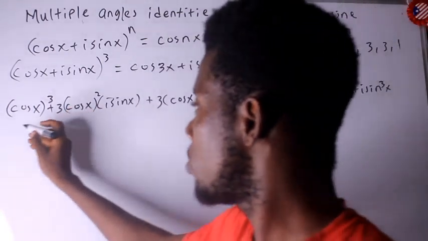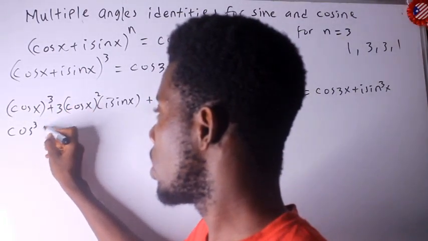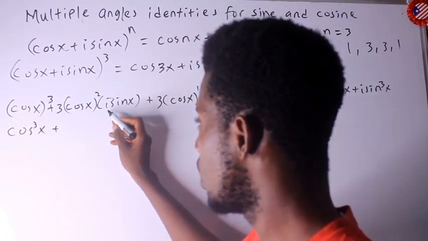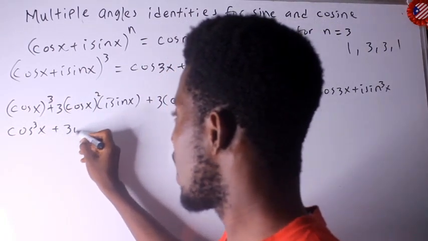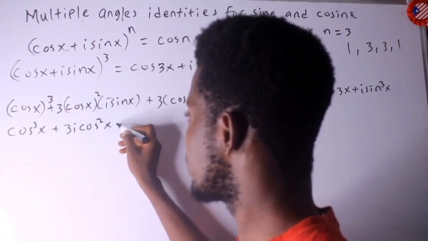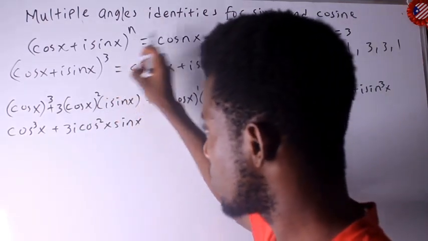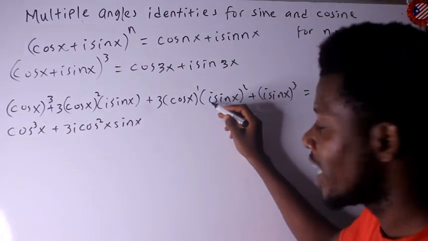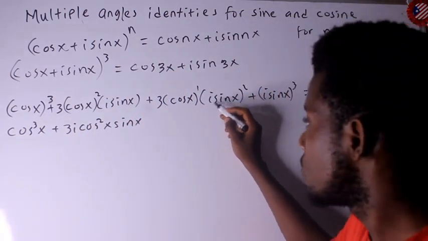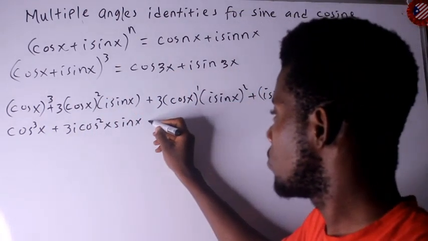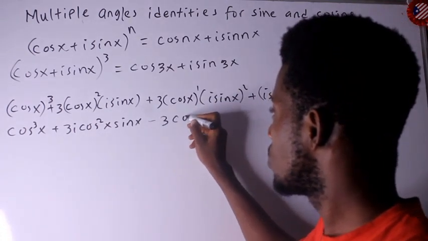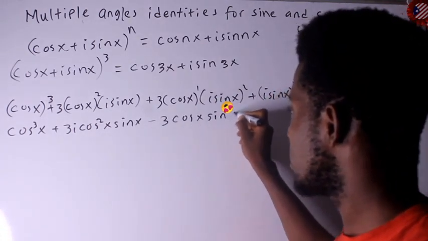We can proceed by simplifying. So this is cos cube x plus, now this is 3i cos square x sine x. Now this i square is -1, so -1 times the entire expression here will give you -3 cos x sine square x.